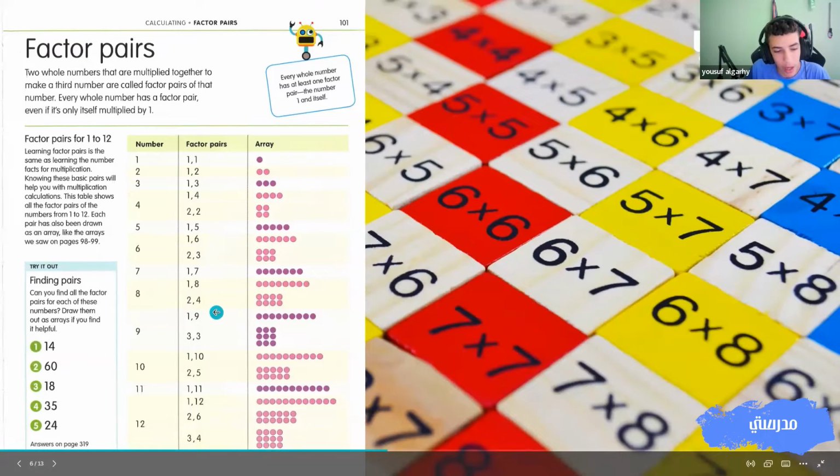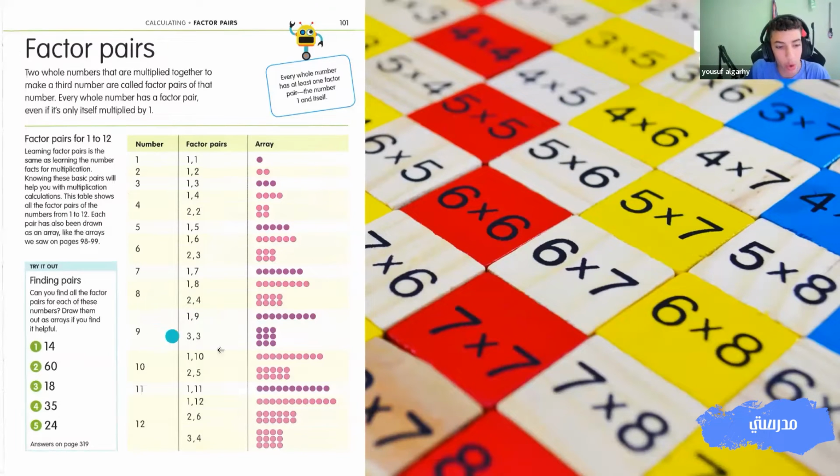You can multiply 9 times 1 and get 9, or you can multiply 3 times 3 and get 9, because 3 times 3 is 3, 6, 9. For 10, there's also 2 of them. You can multiply 1 by 10 and get 10, or you can multiply 5 times 2 and get 10, because 5, 10.